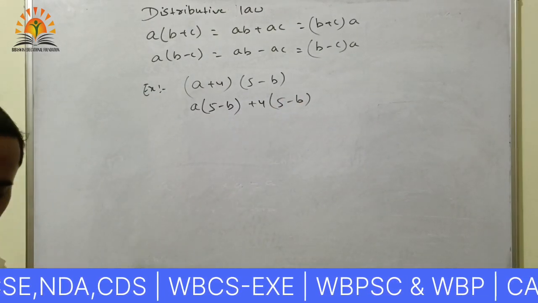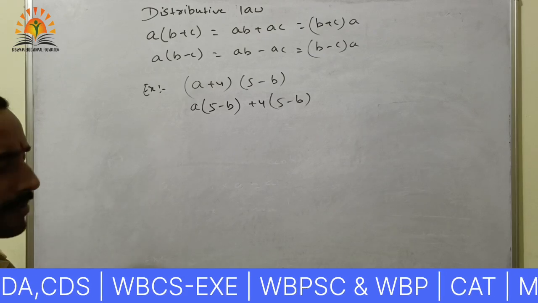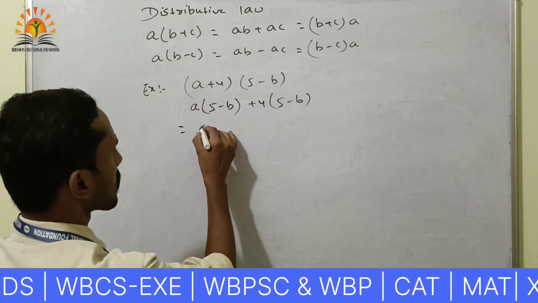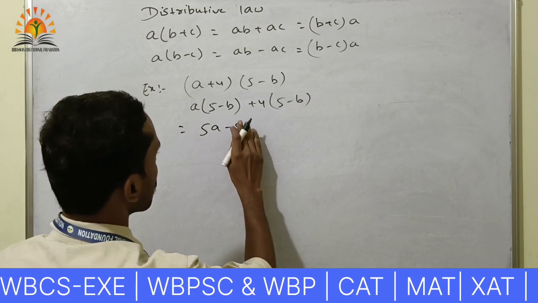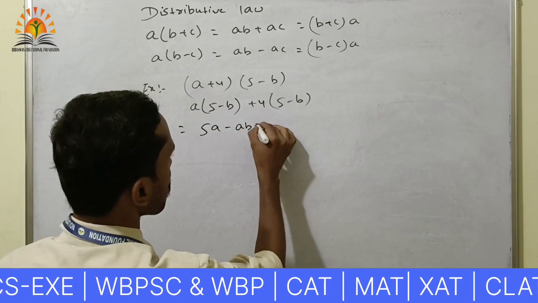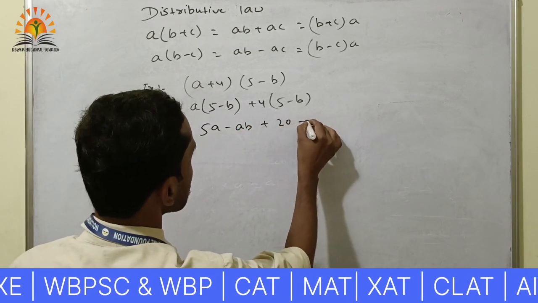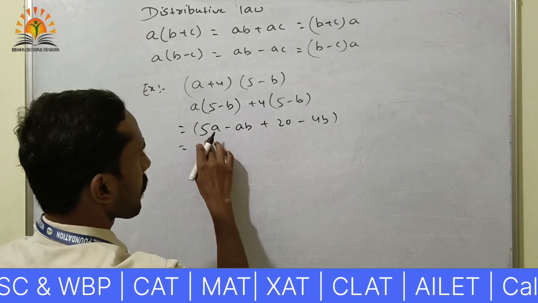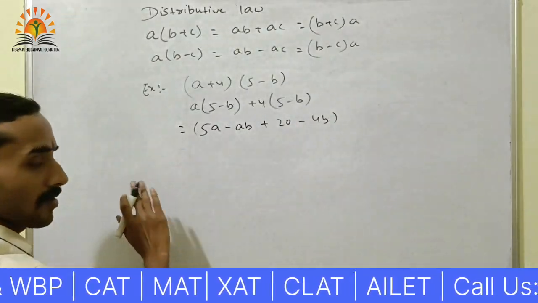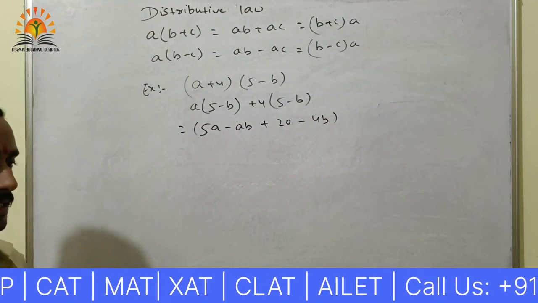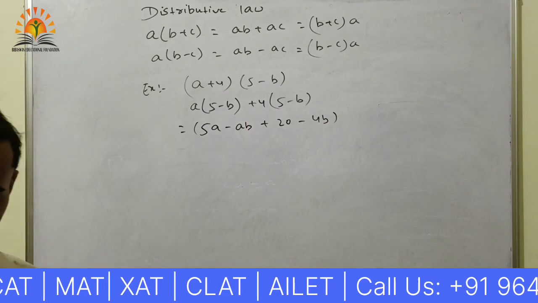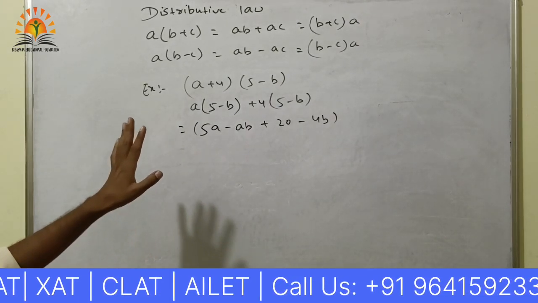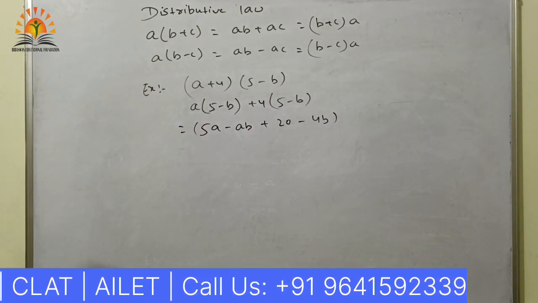By the help of it we can do this question, but actually we don't know. So the result is 5A minus AB plus 20 minus 4B. Understood? This is the distributive law, and now you should write this, and after that we will go on to real numbers.